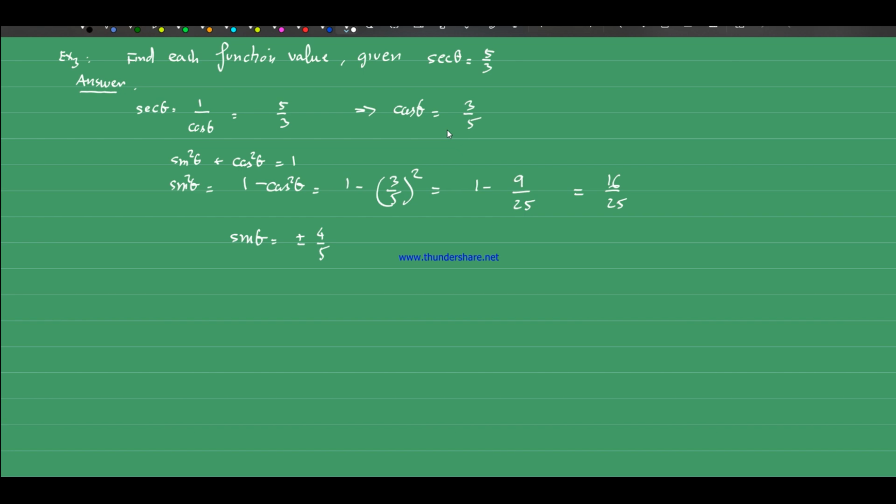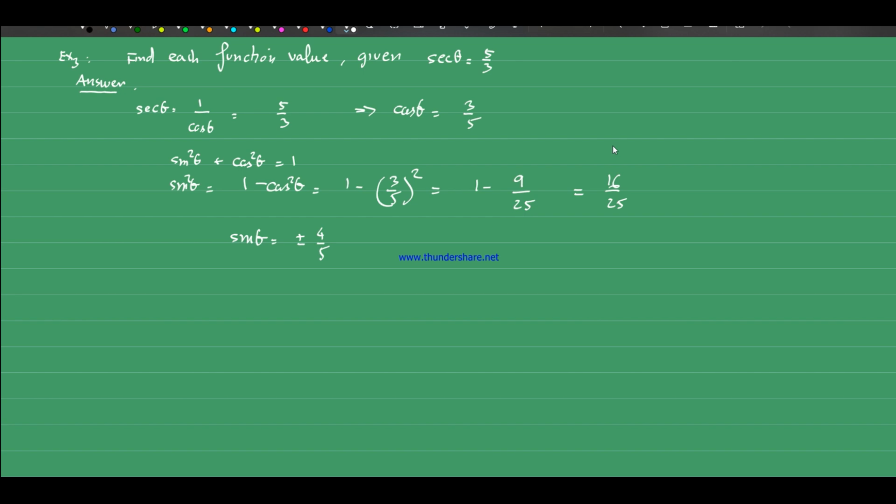Cosine positive means either quadrant 1 or quadrant 4. In quadrant 1, sine is positive, but in quadrant 4, sine is negative. So you have to memorize that. So how are we going to jump to the conclusion? It's either 1 or 4. Which one?